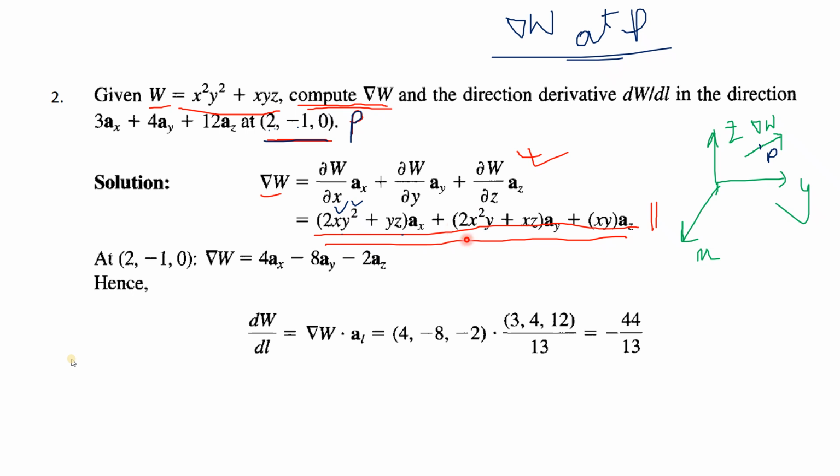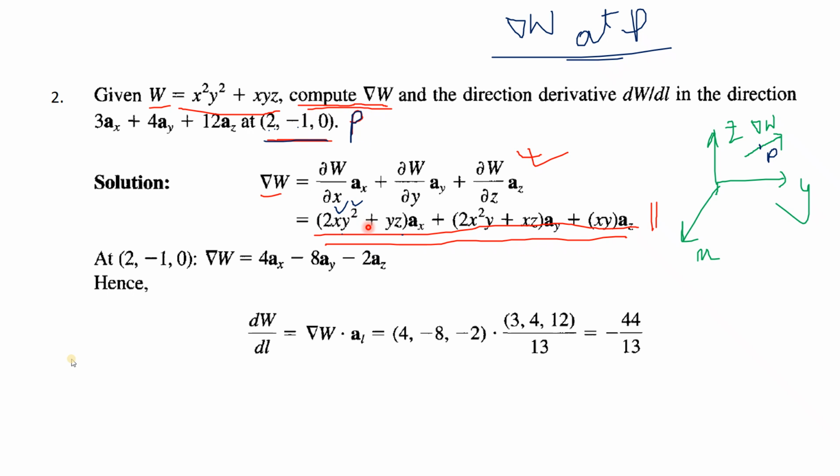Plus 2 times x square, that is 2 square, which means 4. 2 into 4, 8. Y is minus 1, so minus 8. Minus 8 plus x is 2, z is 0, so again 0. So minus 8 unit vector y. Plus x is 2, y is minus 1, so minus 2 unit vector z. So this is delta W at point P.